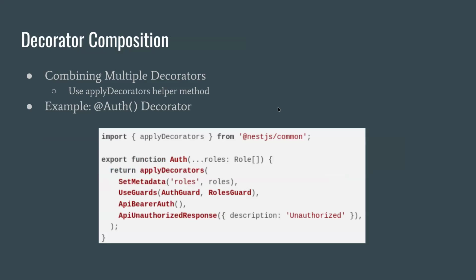NestJS provides the applyDecorators helper method from @nestjs/common for a purpose like this. We can see that this Auth decorator combines multiple authentication-related decorators such as SetMetadata, UseGuards, ApiBearerAuth, and ApiUnauthorizedResponse.